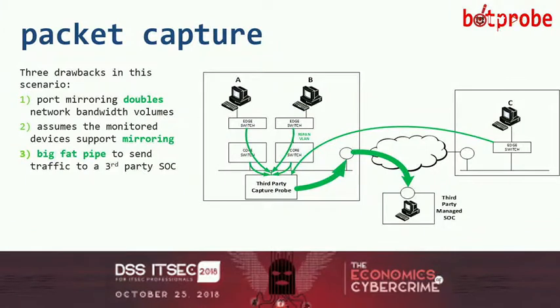The problem is, if you're using port mirroring, you're copying data, so you're effectively doubling the amount of bandwidth you're using. It also assumes that you have the right type of devices that will copy traffic and be able to mirror it.